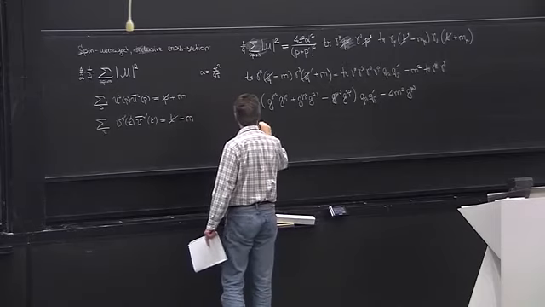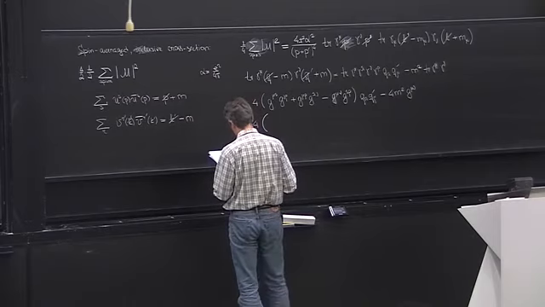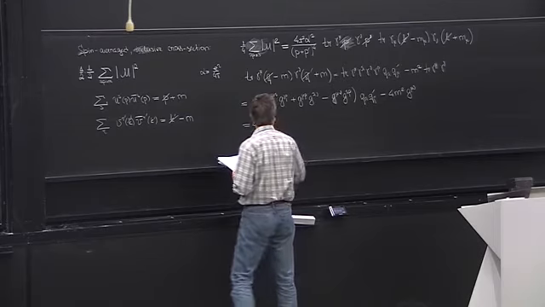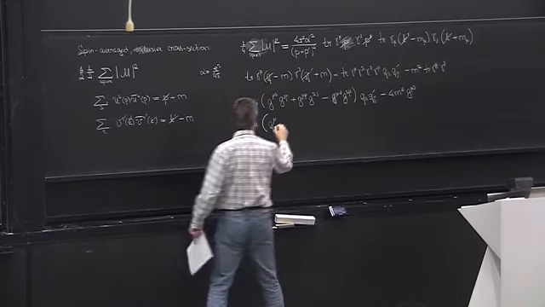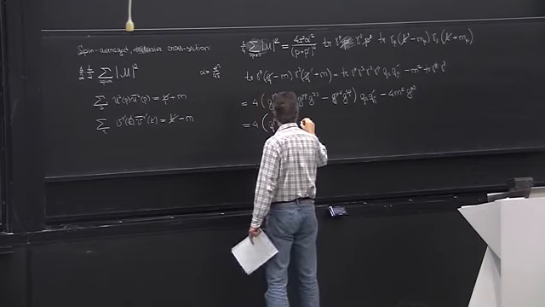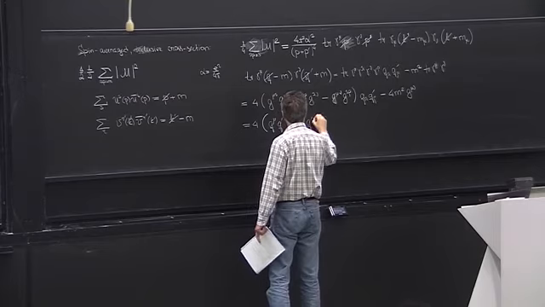So finally what we get is 4 times q mu q prime nu plus q nu q prime mu.